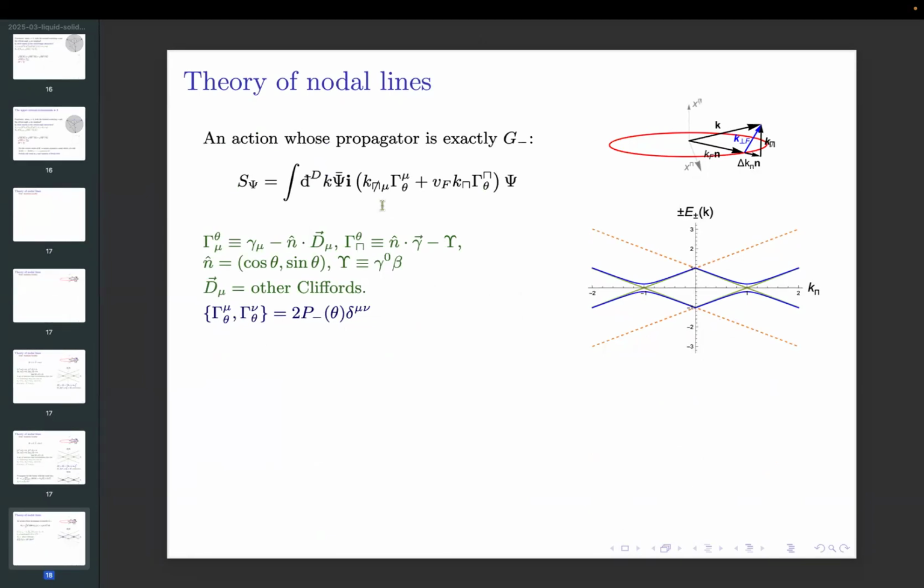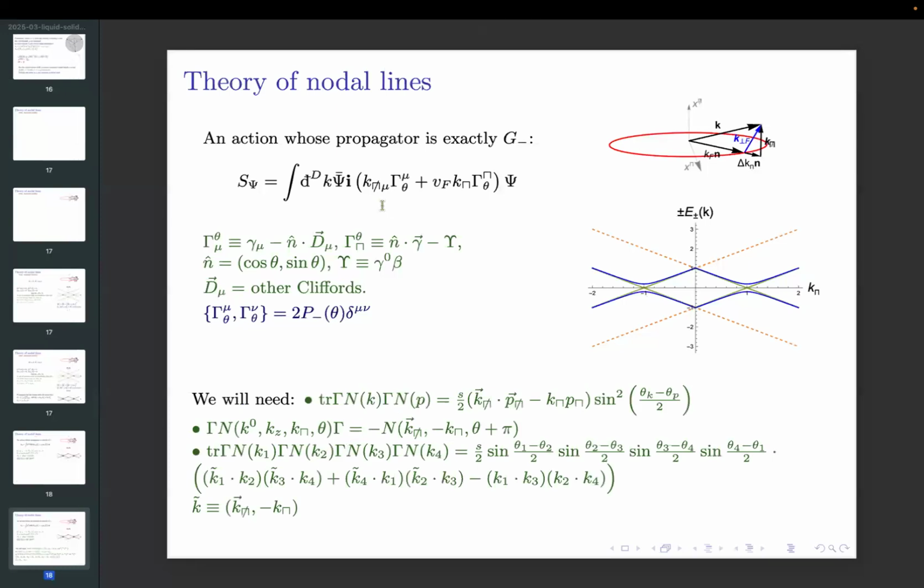They're just a collection of finite dimensional matrices that depend on the direction of the Fermi surface, and they satisfy what I think is a nice generalization of the Dirac algebra. So rather than anti-commuting to a delta function, they commute to a projector, the projector onto these 2 bands. And the crucial thing we need for doing our loop calculation is the analog of trace identities involving these new gamma matrices, which we figured out.